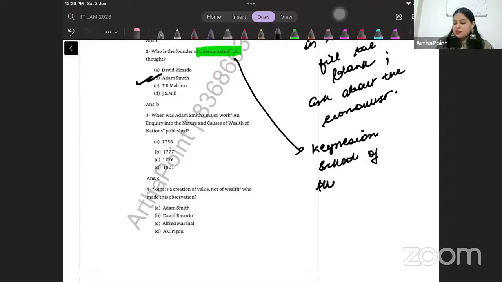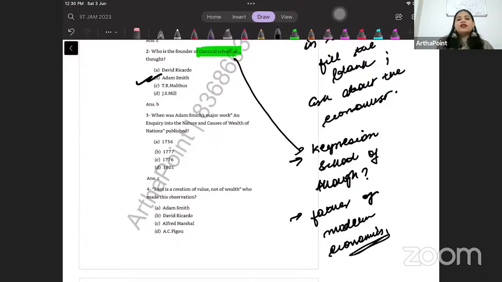Name में ही है. And who can I call the father of modern economics? It can come in exam. So take a moment and tell me who is the father of modern economics.